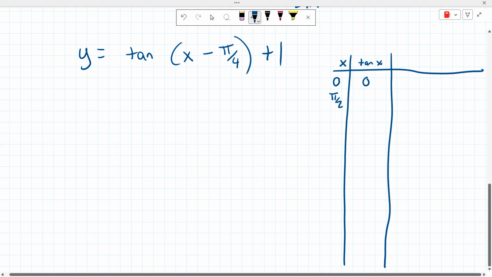Pi over 4 was 1. Sorry, my bad. Pi over 2 was undefined. 3 pi over 4 was negative 1. Pi was 0. 5 pi over 4, 1.